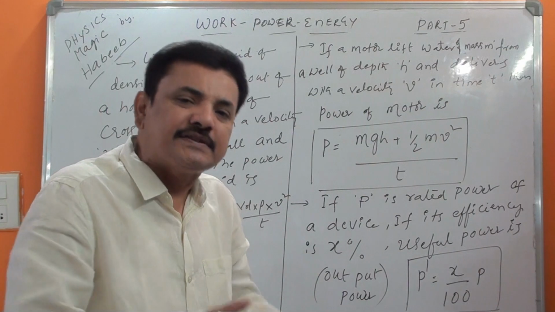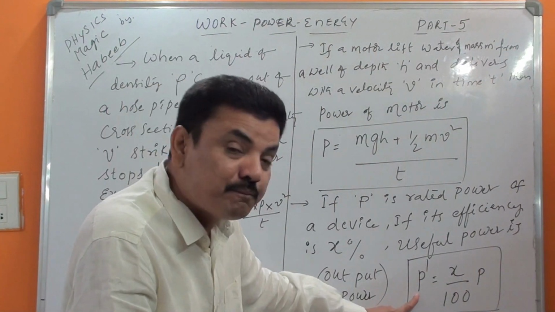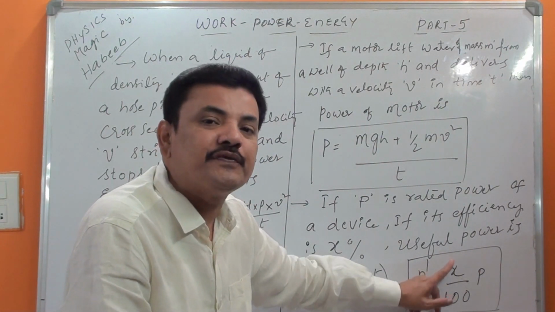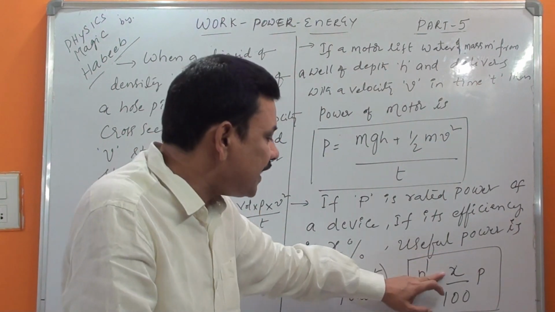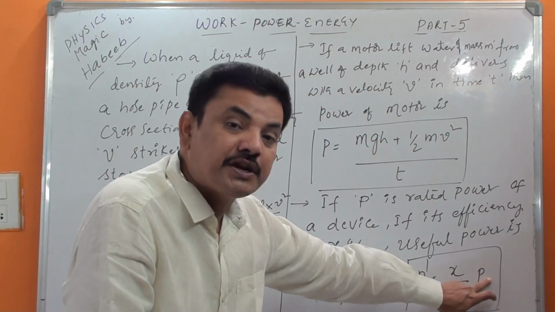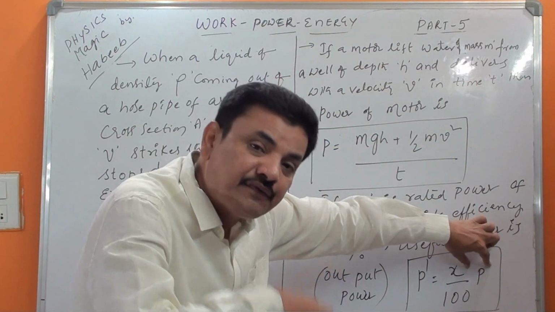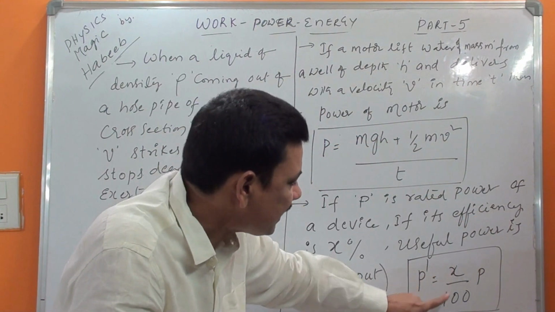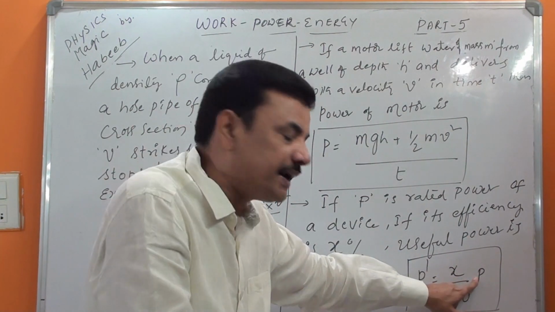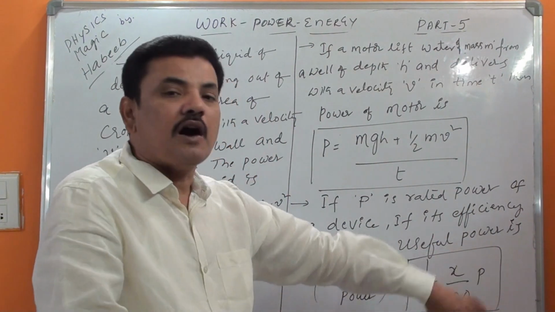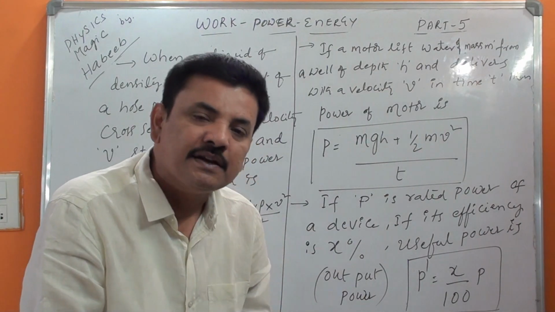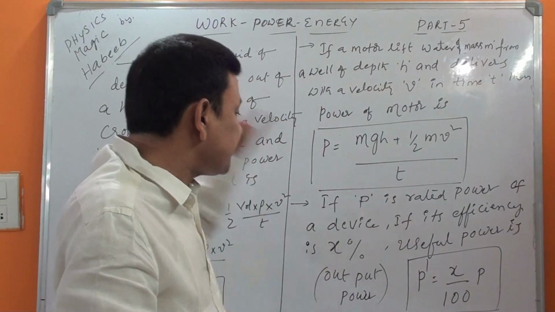Then what output power will you get? Only 50%: 50 by 100 into 100. The 100 gets cancelled, so the output power will be only 50 watts. So this is another important model.